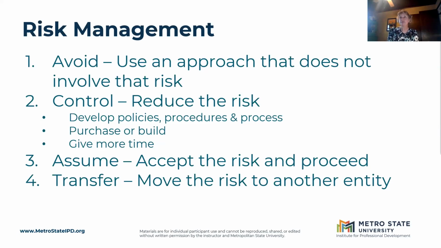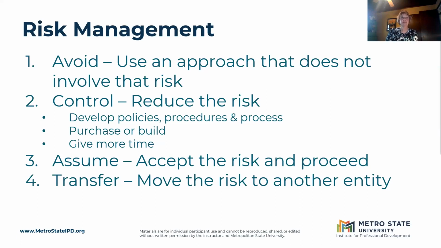Giving more time. So maybe saying, wow, we can do this, but instead of rolling it out 4 weeks from now, we need to roll it out 12 weeks from now. There are a lot of other ways you can control risk, but those give you some examples to think about what control means.